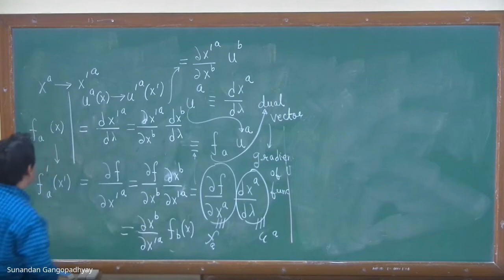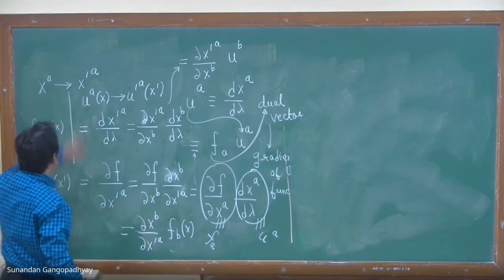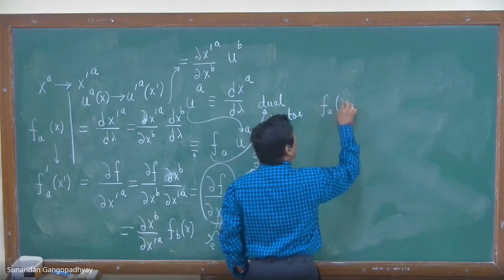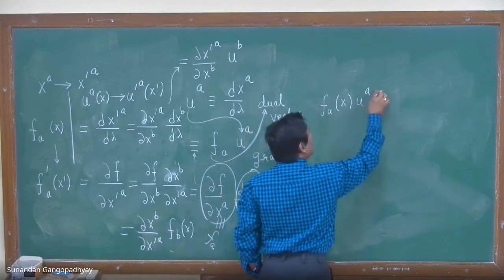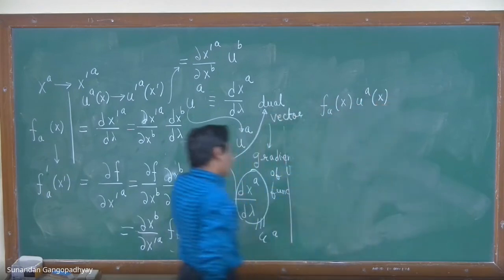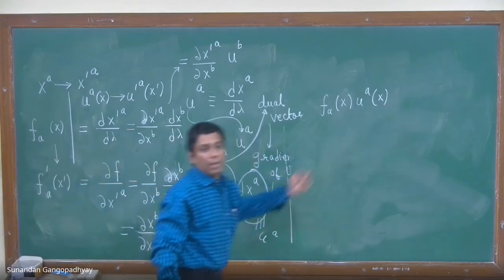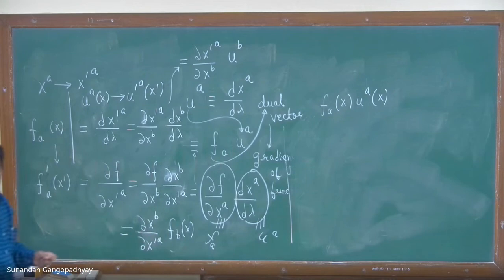So let us now see under this coordinate transformation, how does this product transform? This product, by the way, is nothing but df d lambda. If you remember, this is df d lambda.